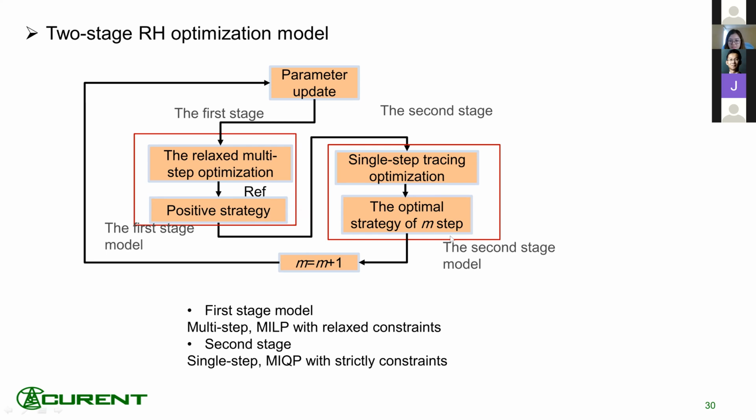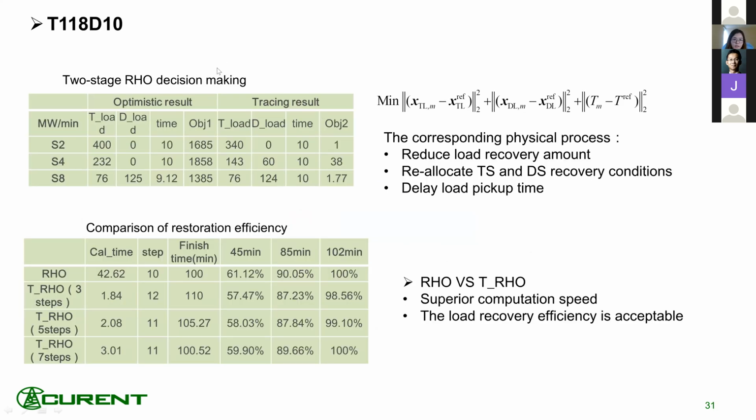And in the second stage, we just consider a single step model, but with strict constraints to give an accurate result. In this part, we have used the same testing system as the decentralized research, and the proposed method has obviously a great benefit in computation time and acceptable load recovery performance.